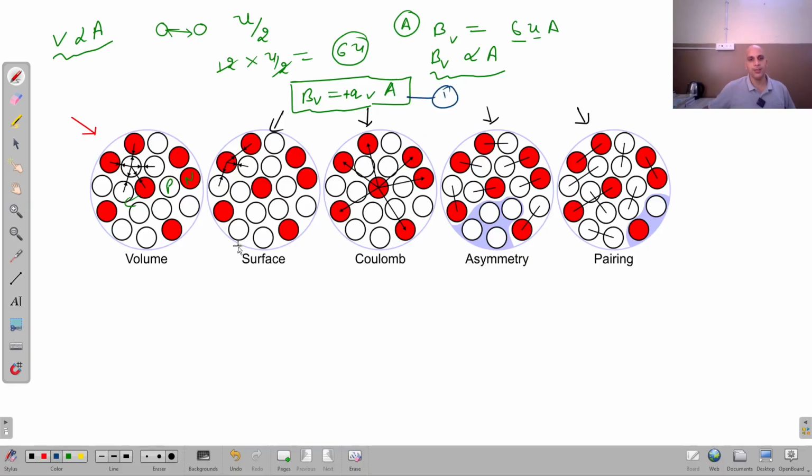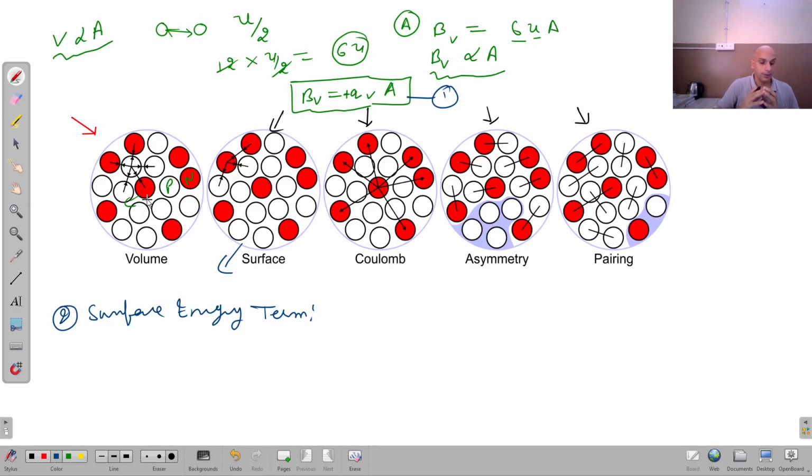Now I am coming to the second one, the surface energy term. This was the first one, the volume energy term. Now the surface energy term. Recall the first calculation here. Here we assumed that each nucleon inside the nucleus is surrounded by 12 neighbors.